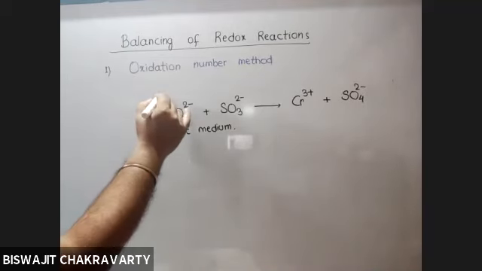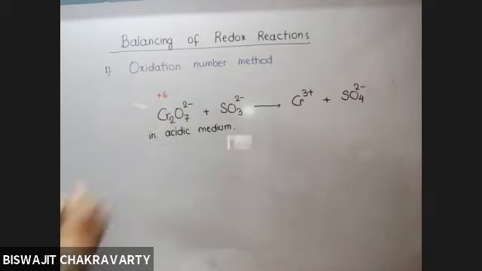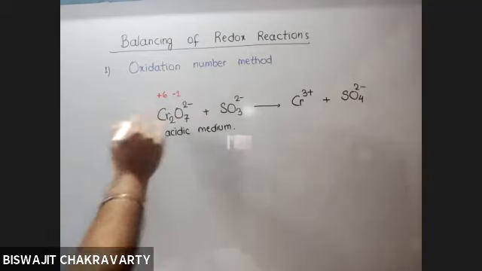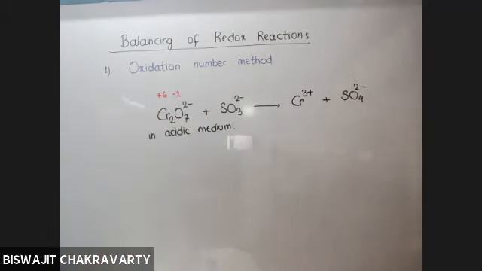Plus 6. Yes, sir, +6. Oxygen is -2, because on the basis of oxygen we have calculated the oxidation number of chromium. What is the oxidation number of sulfur? Find it out in SO3 2-.